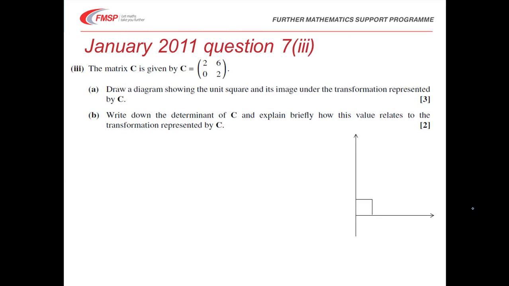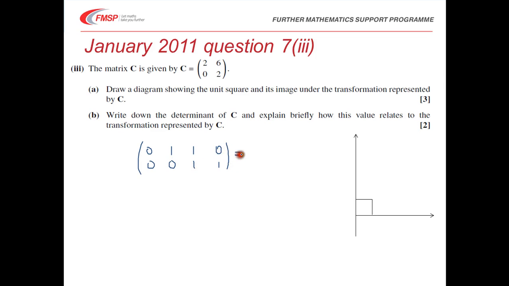If we look at part 3, a little bit more work to do. It says to draw a diagram showing the unit square and its image. So I've got the unit square here. The unit square, remember, is just given by (0, 0), (1, 0), (1, 1), (0, 1).